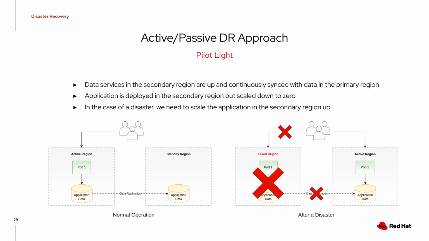When you make a data replication, is it something like synchronized replication or asynchronized replication? So the question was, if we do the data replication, is it synchronized or asynchronized? Yeah, the data replication can be either synchronous or asynchronous, and we use asynchronous. For the Kafka, we use MirrorMaker, which is an asynchronous replication.